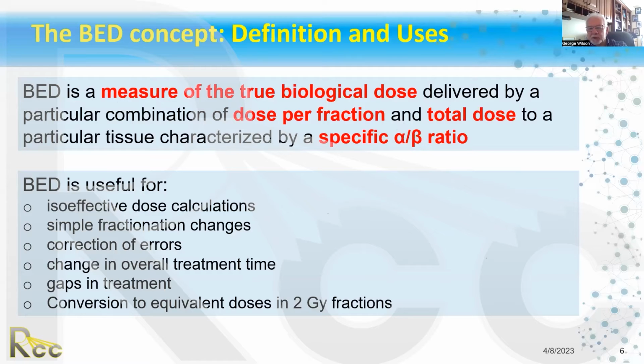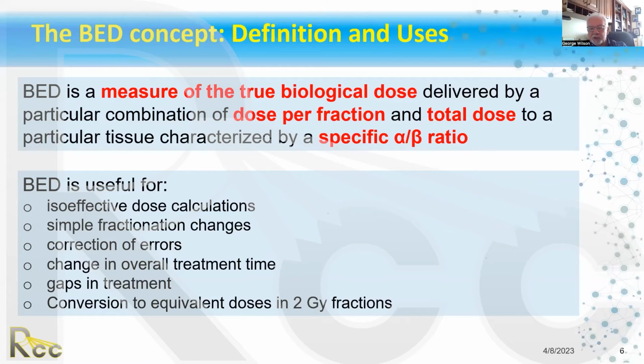Now, we haven't really talked about alpha beta ratios yet, but this is a derivation from the linear quadratic model where the effect of the alpha and the beta component are equal at a particular dose. And what we know is that the alpha beta ratio differs for different types of tissues. So late responding normal tissues have a very steep, bendy survival curve.